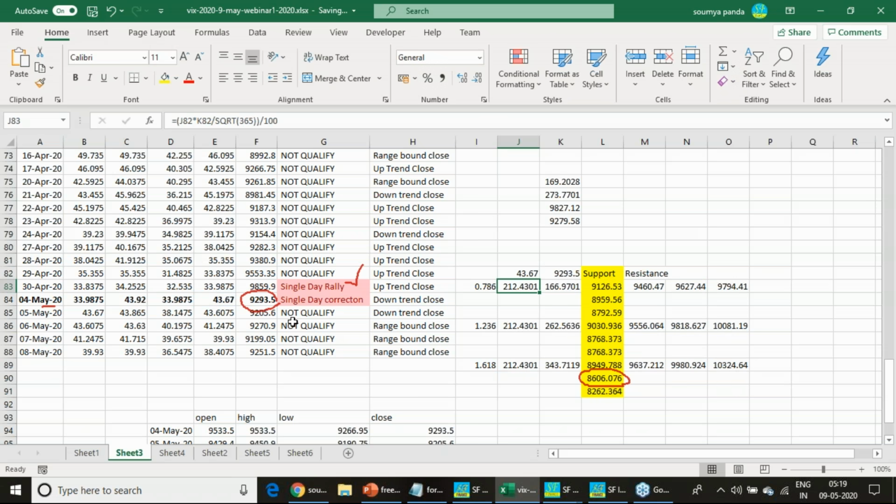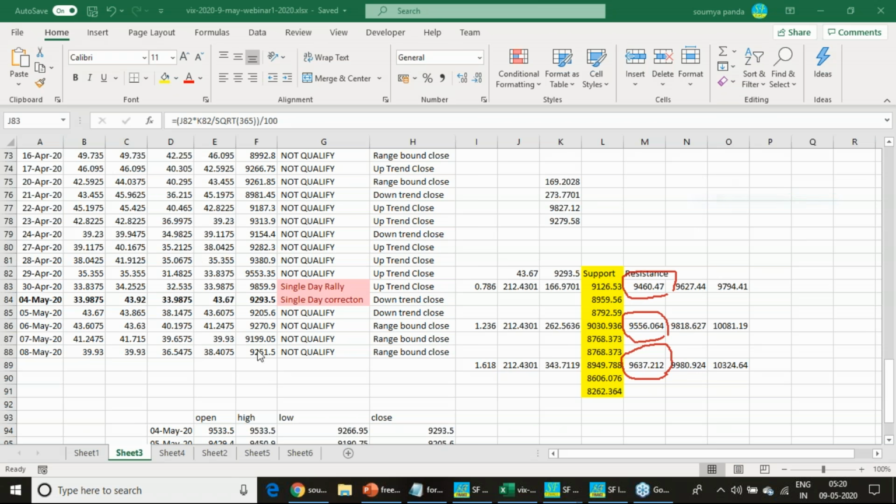So I have changed this, and now all my next levels are coming. 9126 support, resistance 9460, then 9556, 9636. So these are the resistances, and these are the supports.